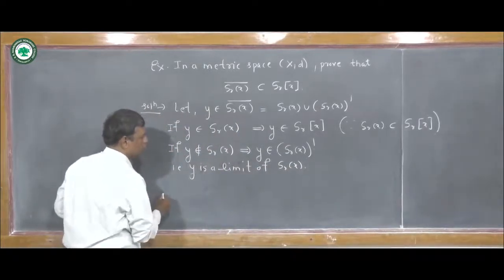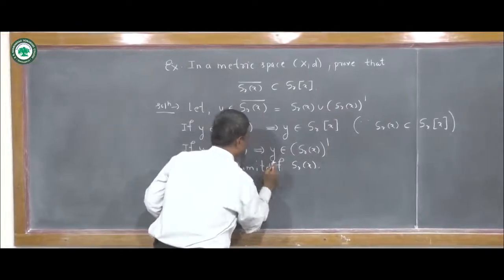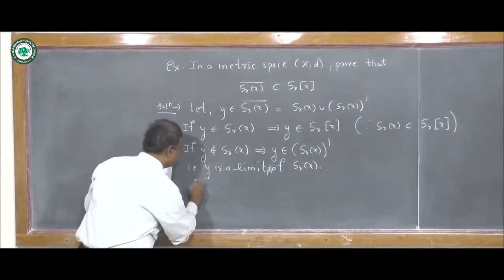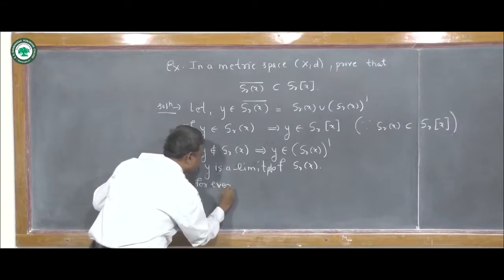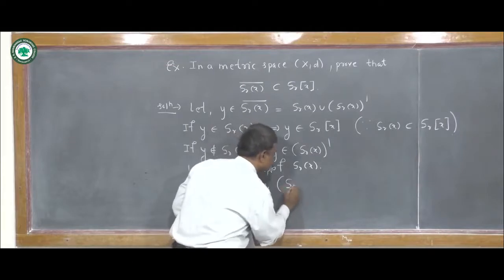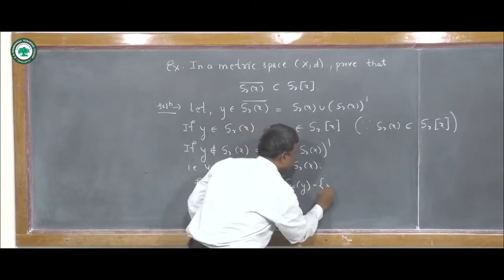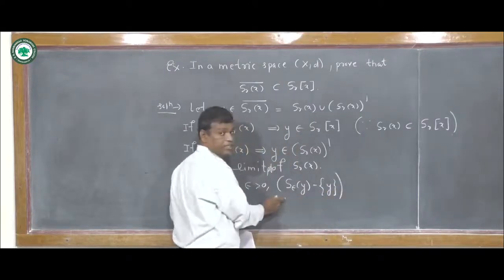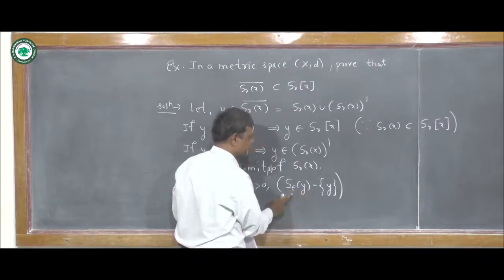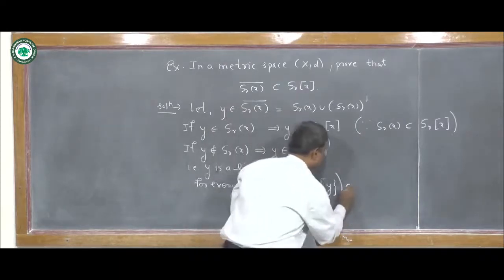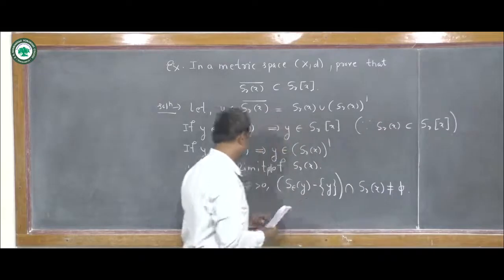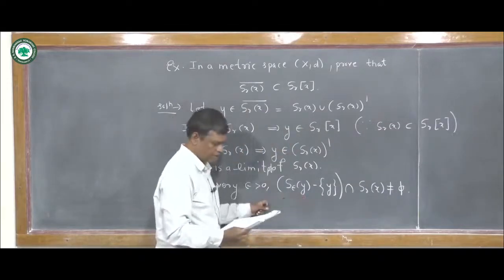By using the definition of limit point, we write here, for every epsilon greater than 0, this set is an open sphere whose center is y and that center is deleted. Now the intersection of this open sphere with the open sphere S_r(x) is non-empty. That is, this intersection is always non-empty here.